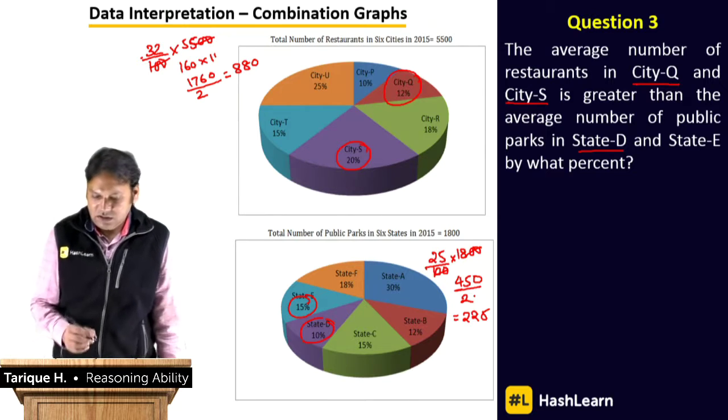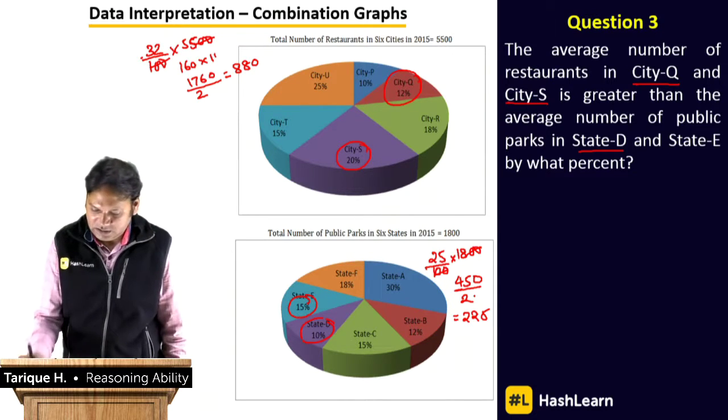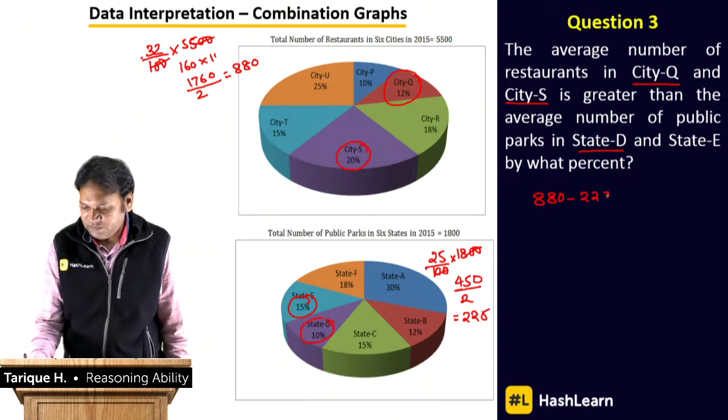So our basic calculation is to find out what is 880 minus 225, divided by 225, into 100.